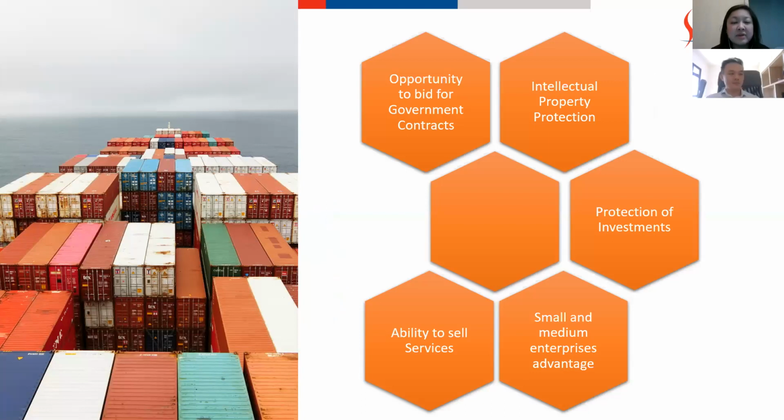Government procurements or contracts are usually not open to foreign suppliers unless there is an FTA. So there has been enhanced access to government procurement opportunities under FTAs signed with the US, EU, and CPTPP, which businesses can leverage on. Next, exporters can look for enhanced intellectual property protections under the FTAs.